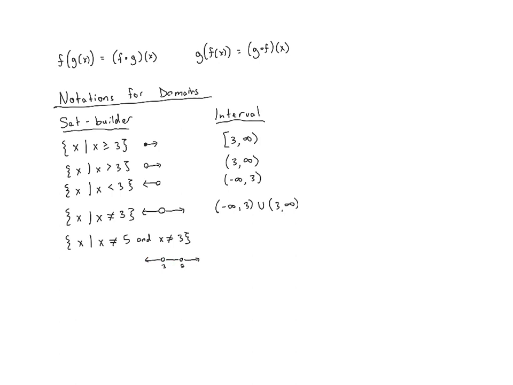So in this case, there are 3 different intervals: negative infinity to 3, union 3 to 5, union 5 to infinity. This first one is negative infinity to 3. The middle one goes from 3 to 5, and then the right side goes from 5 to infinity. So in this situation, we needed 3 different intervals connected with union symbols.